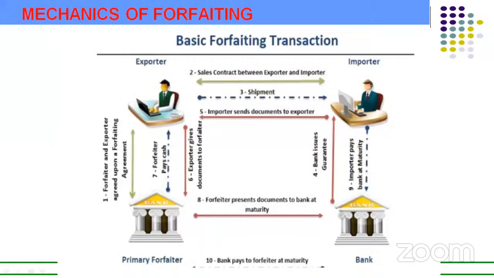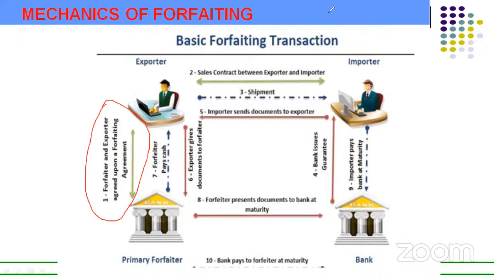Now, the basic forfaiting transaction. How will forfaiting be done? By observing this image, you can easily understand. See here, first, the forfaiter and exporter agree upon a forfaiting agreement.